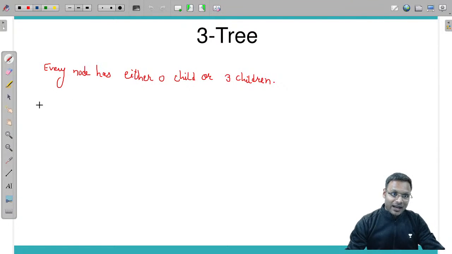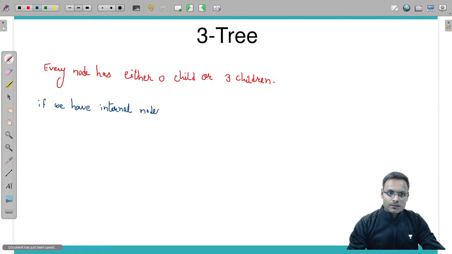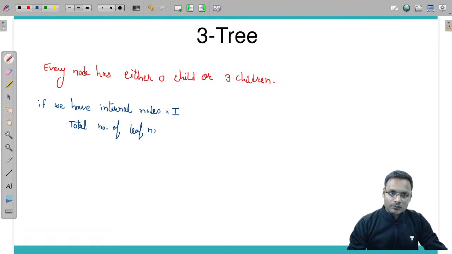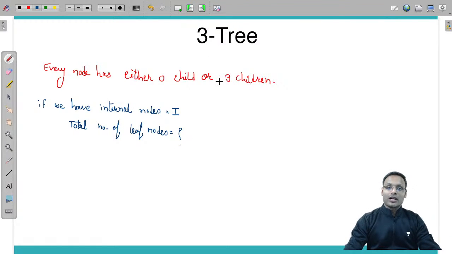Suppose if we have internal nodes equal to I, then total number of leaf nodes can be how many in such a tree? In such a tree in which all the nodes can have either 0 child or 3 children.